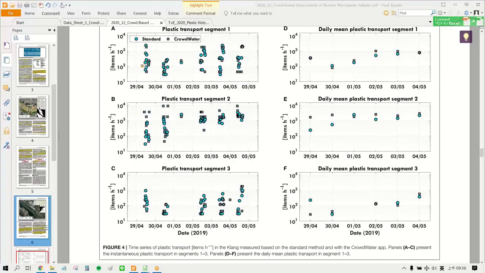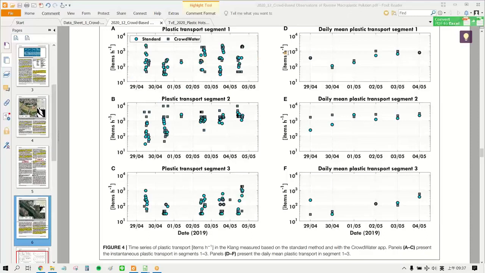Each day, they took several times, and each time they took a 2-minute survey on the bridge. The y-axis is the density, the transportation: in 1 hour, how many plastic items pass through this bridge? Figures A, B, C are segment 1, segment 2, and segment 3 of that bridge.